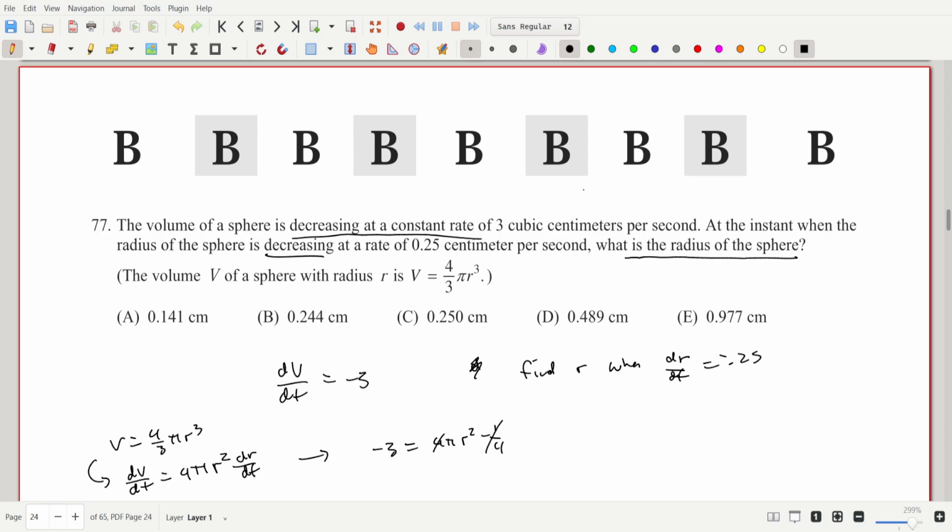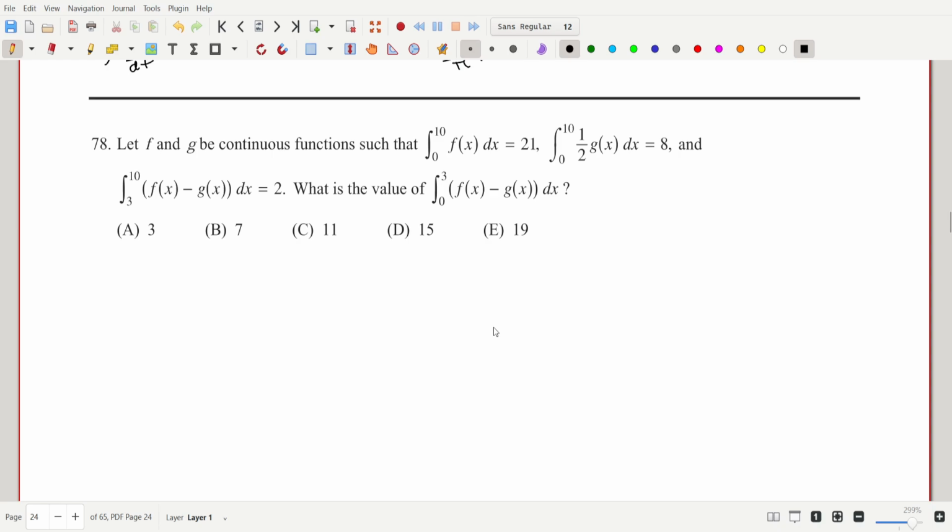I was wondering why I was getting a square that was negative. So the negatives cancel. So you get 3 over pi is r squared. So r should be root 3 over pi, not plus or minus because it's a radius. And my calculator says root 3 over pi is 0.977. Okay. Hopefully my calculator's not covering everything. Okay, that's good.